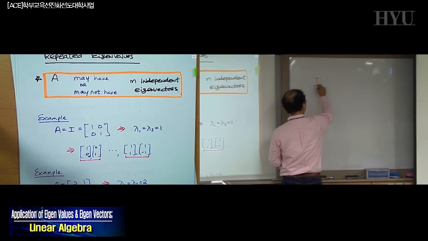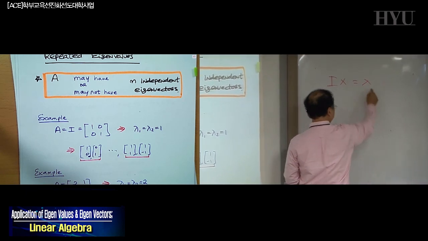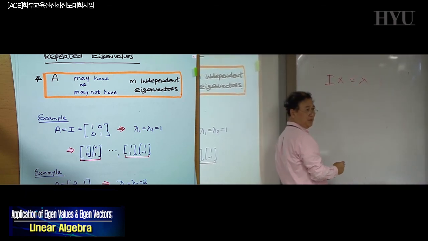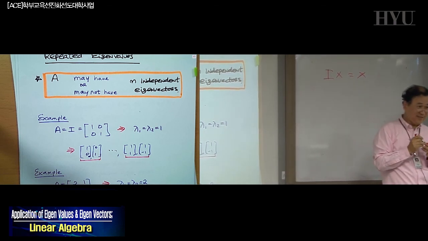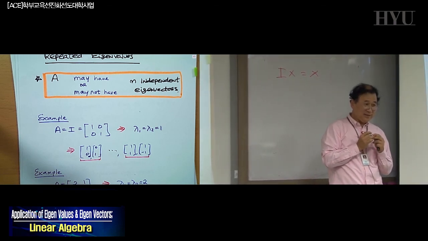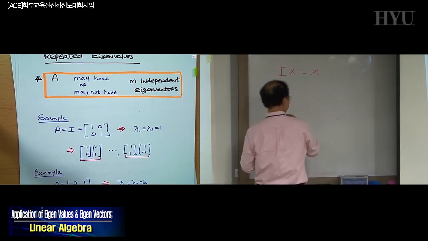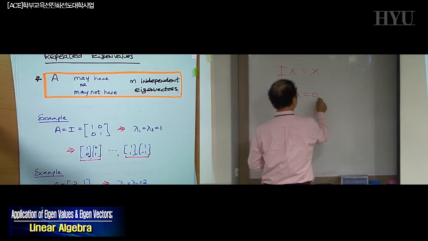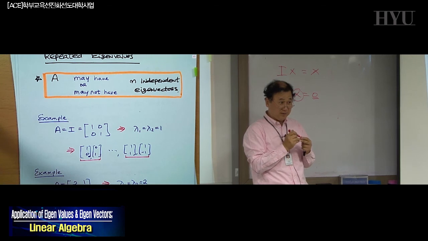It's the identity matrix, right? When you multiply any matrix, it's X, right? It means any vector. Sometimes when you say AX is 0, that means these eigenvectors are in the null space.